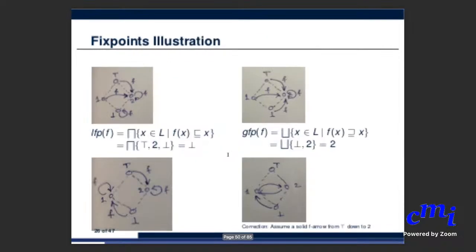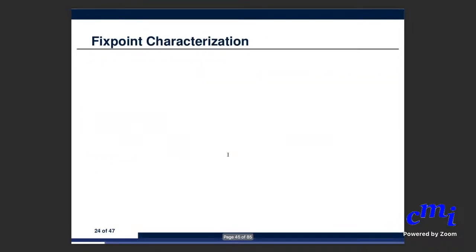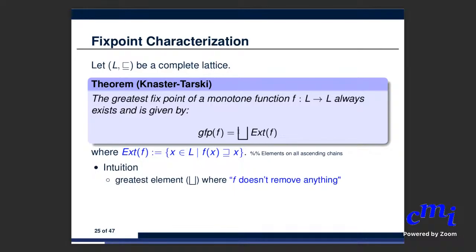There is another version also. The greatest fixed point is similarly the least upper bound of the extensive set, the set of elements on all ascending chains.